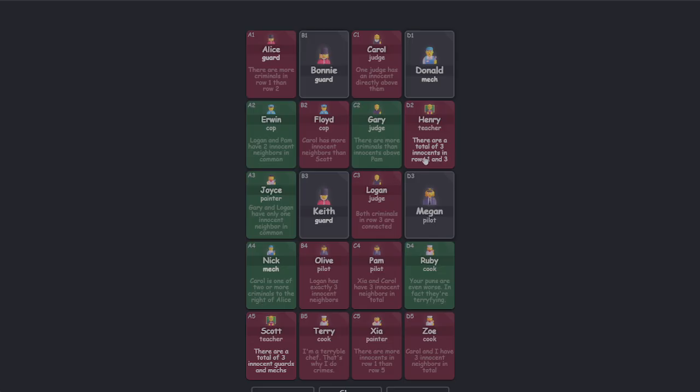There are a total of 3 innocents in rows 1 and 3. That doesn't help me. Uh-oh. I might be stuck. There are a total of 3 innocent guards and mechanics. But if the other mechanic was not innocent, this would be really easy.